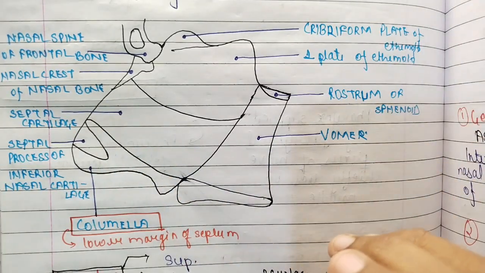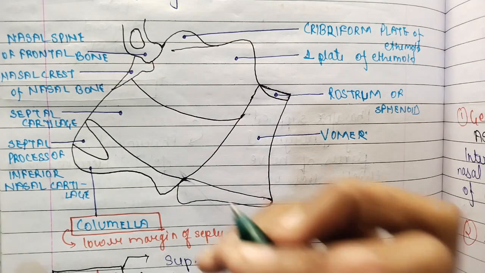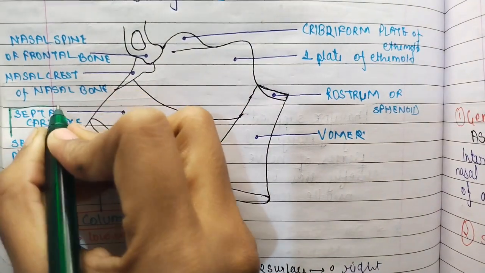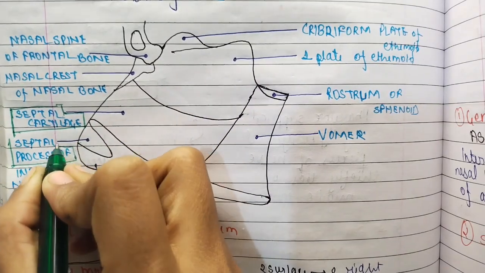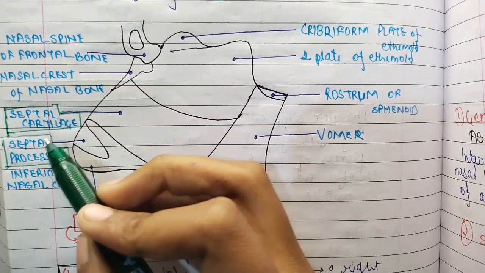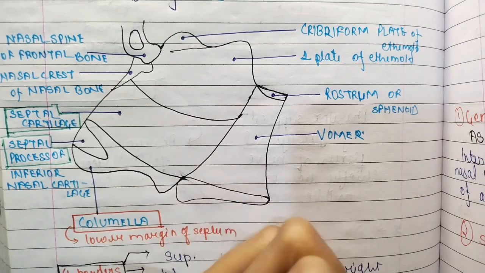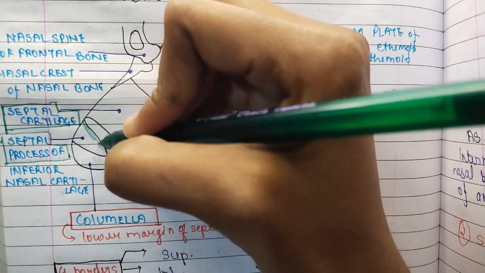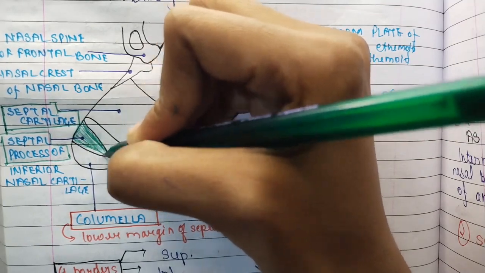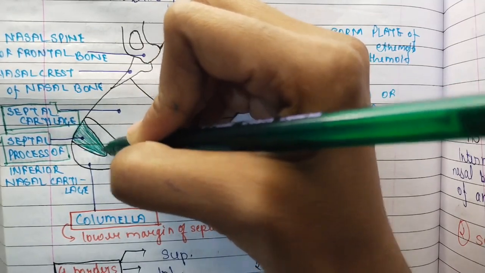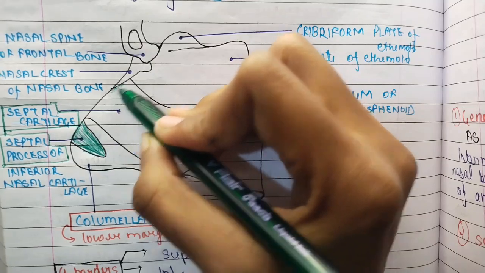Okay, so let me cover this. Okay, so this is your cartilaginous part, septal cartilage and the septal process of inferior nasal cartilage. So this part, this part, and this part.